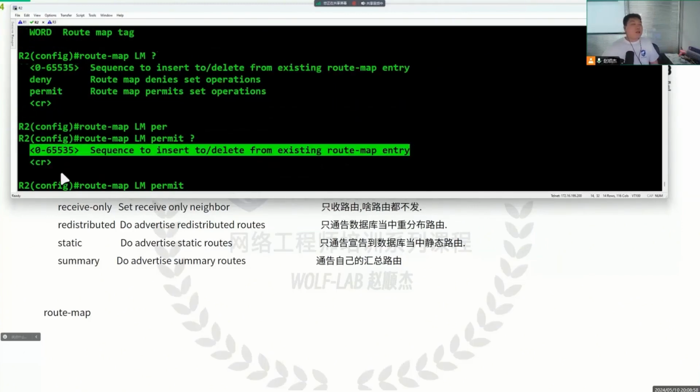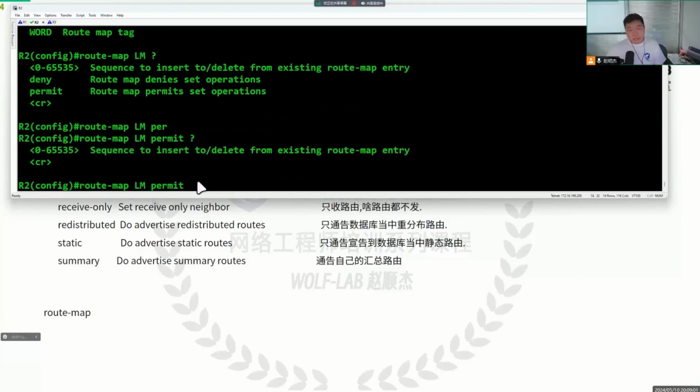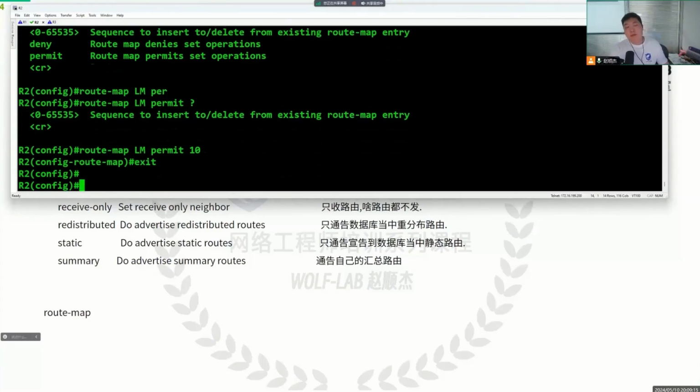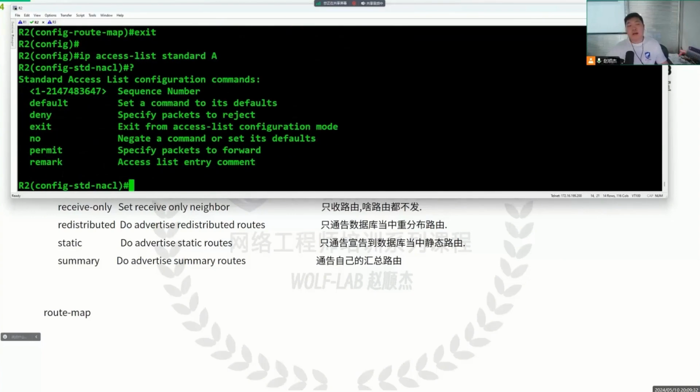Inside permit 10, enter, this thing is somewhat like what, students? Do you remember we talked about a named access control list? IP access list, standard, like we named it this standard access control list. Inside each list, we use a number to order the commands in our list, like permit 1.1.1.1, deny 2.2.2.2, permit 3.3.3.3.